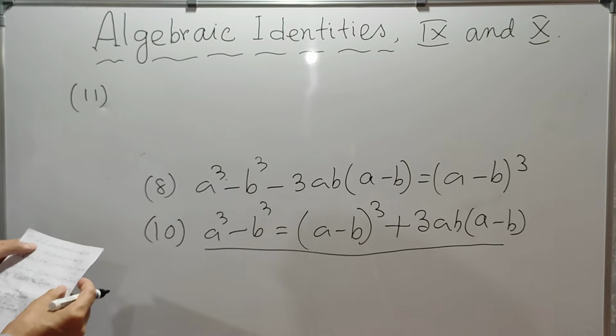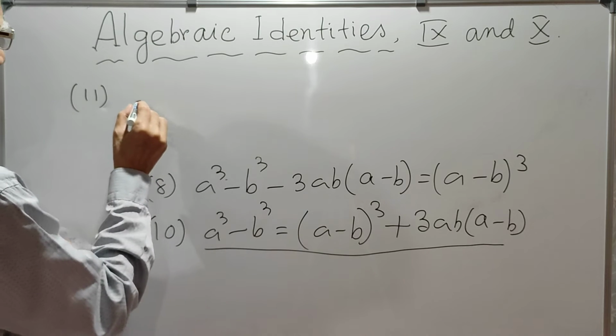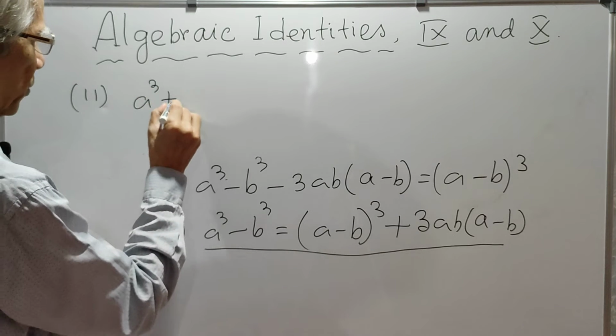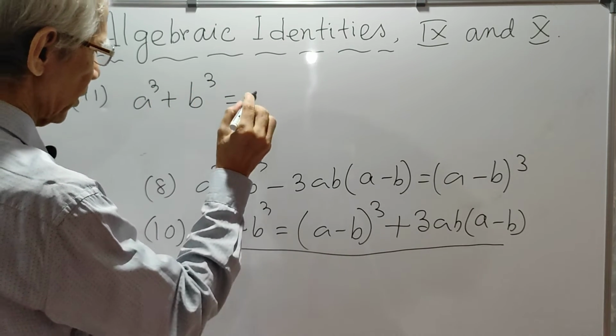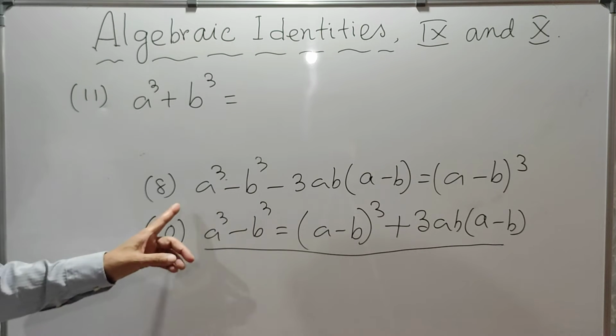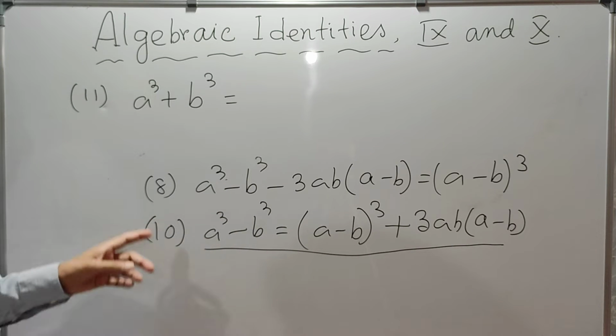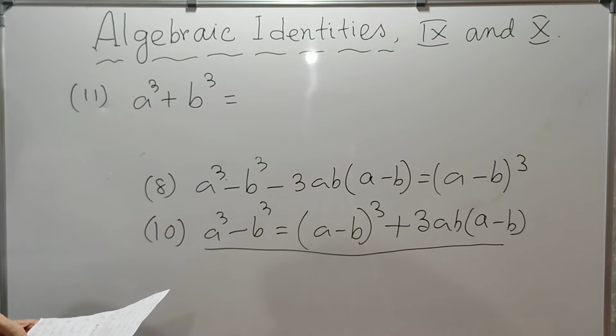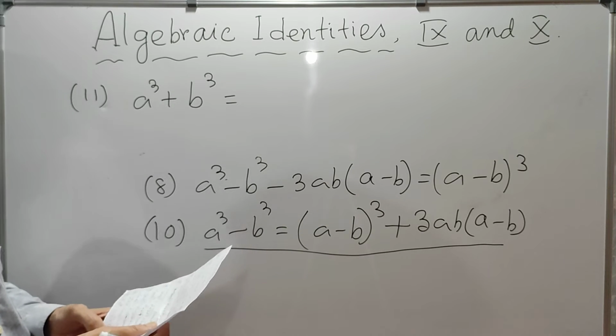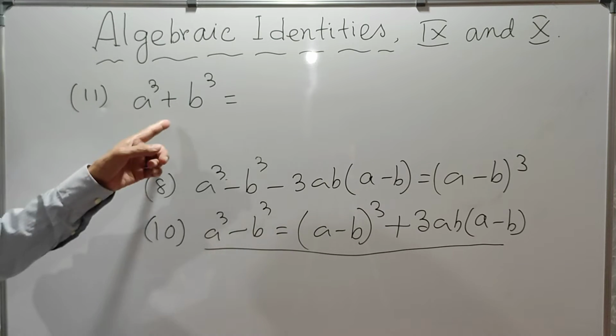Now the 11th identity is a cube plus b cube. Now see, a cube plus b cube, already we had that 9th identity. What was a cube plus b cube? (a plus b) whole cube minus thrice ab into (a plus b).